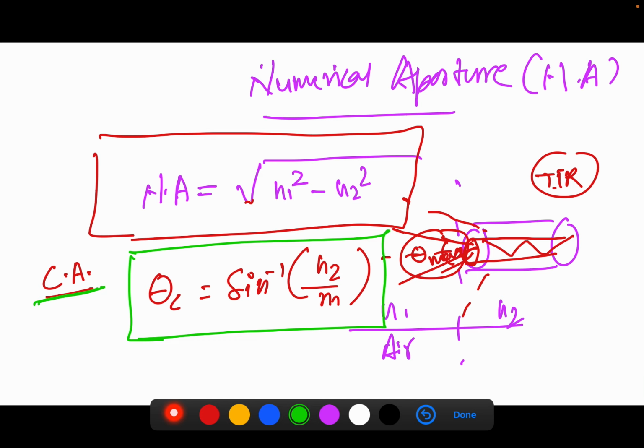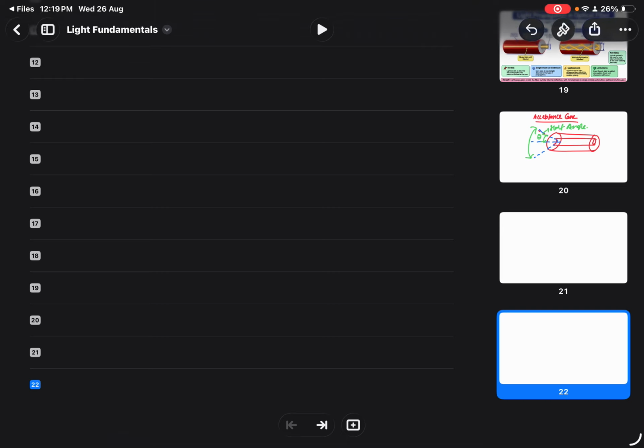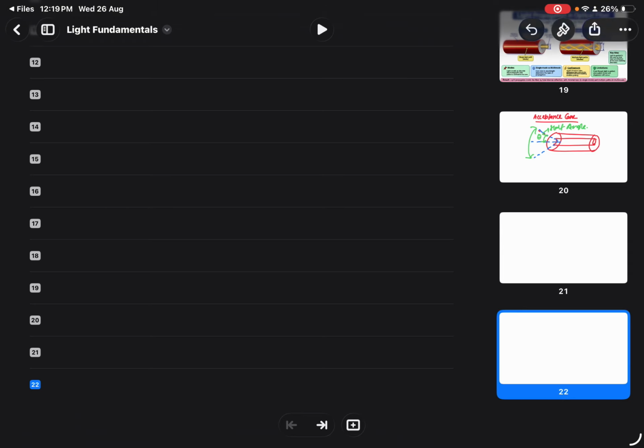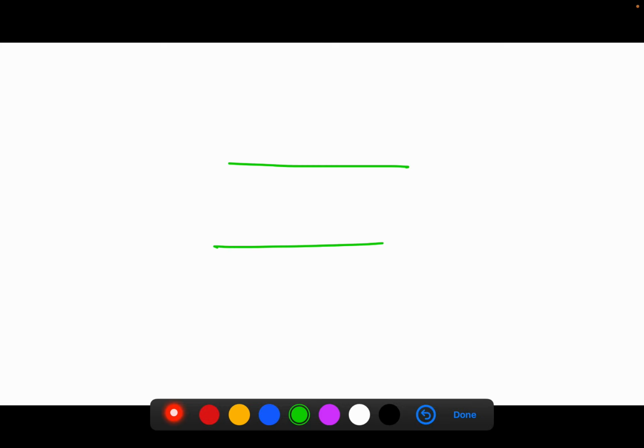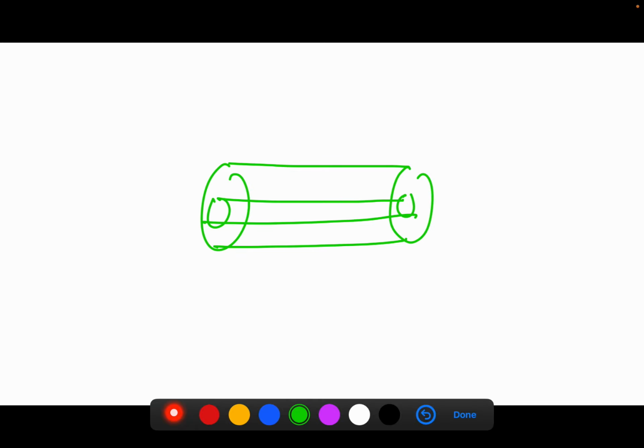Now the cladding is engineered in such a way that it has a lower refractive index compared to the core.